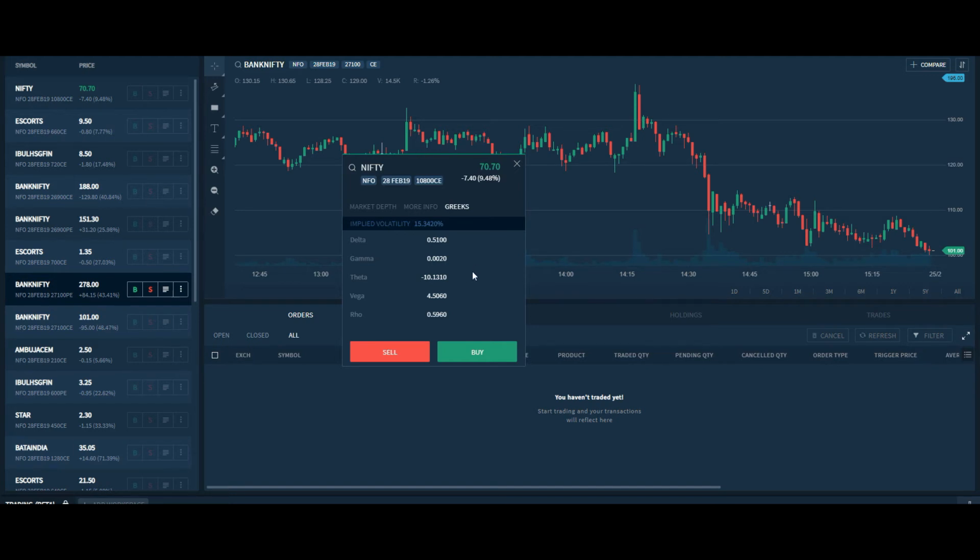When the change in our index is 10 rupees, this delta will take our premium to 51, but the change in the delta itself will be 0.002, which means there will be a change of 2 paisa in case there is a change of 10 rupees in our index prices.